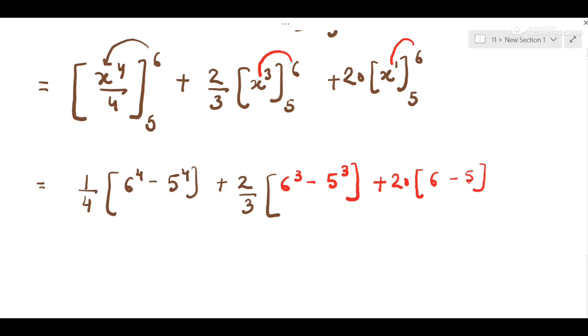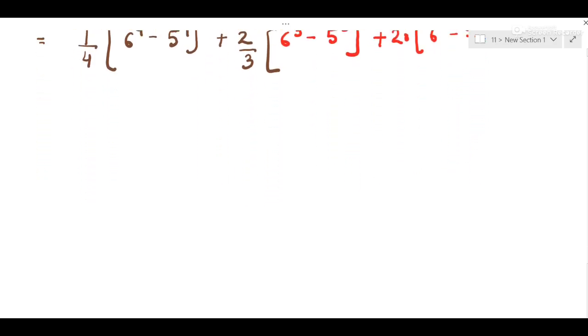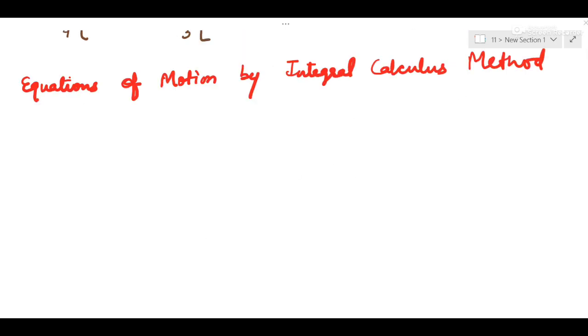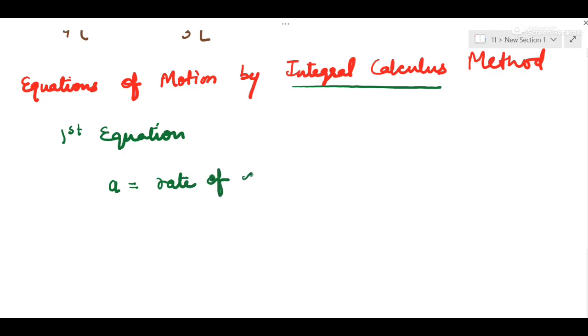Now we'll proceed to the derivation of the equations of motion by the integral calculus method. We should know how to derive all the equations by the integral calculus method using the process of integration. So we'll do it. See, first of all, for the first equation, we will pick up the definition of acceleration, which is the rate of change of velocity with respect to time.